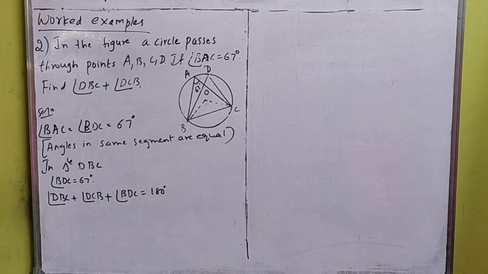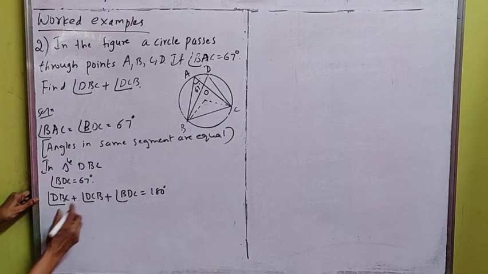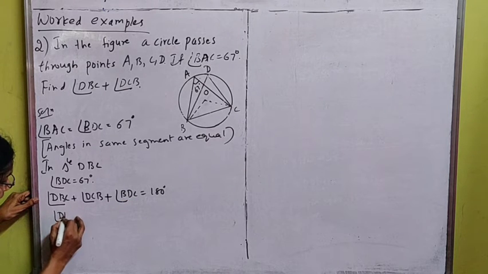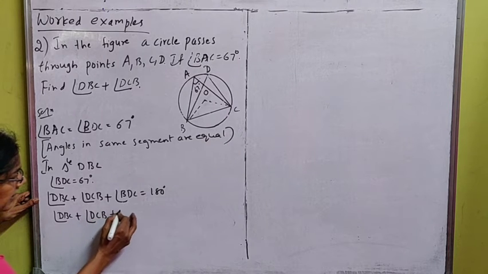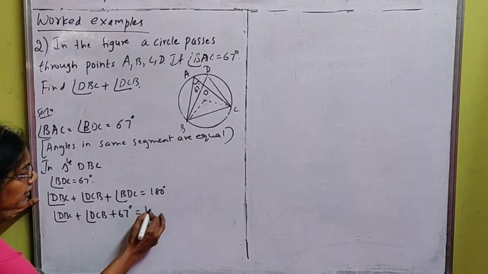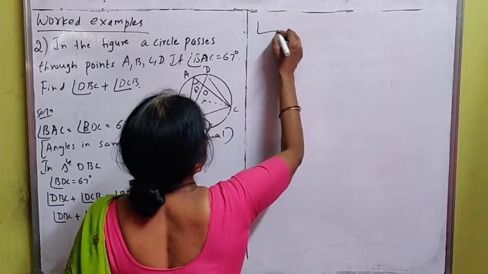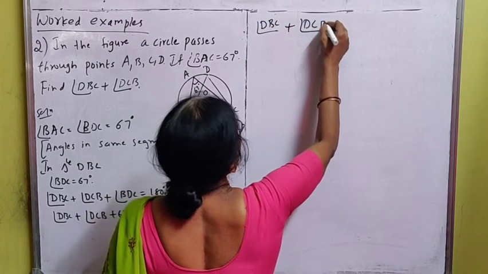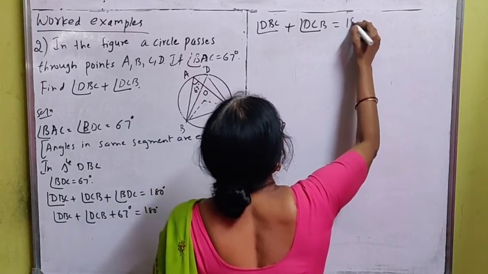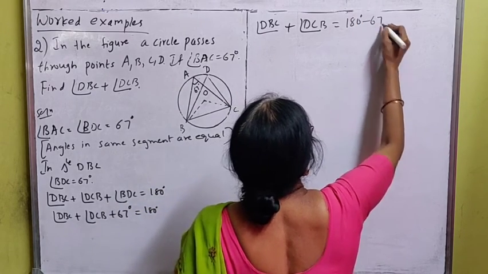Now, whose value do we know? BDC value we know. So, BDC value we write down. So, angle DBC plus angle DCB plus 67 degree is equal to 180 degree. So, angle DBC plus angle DCB is equal to 180 degree minus 67.